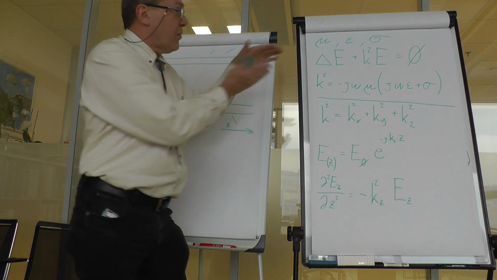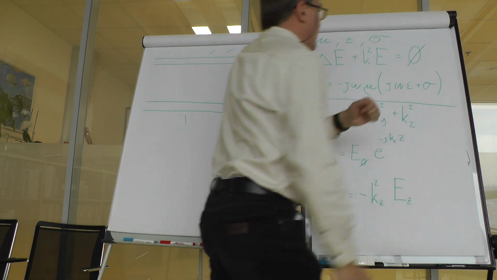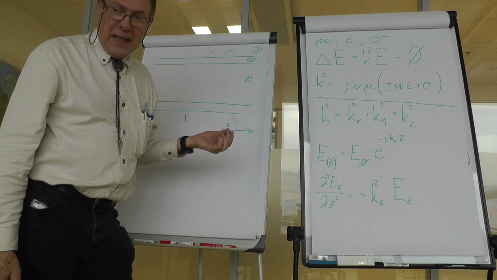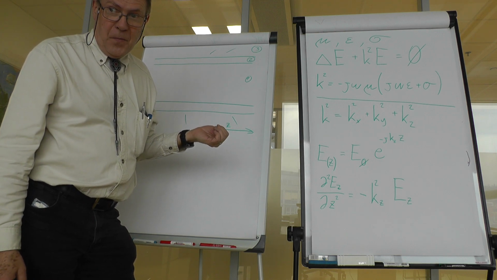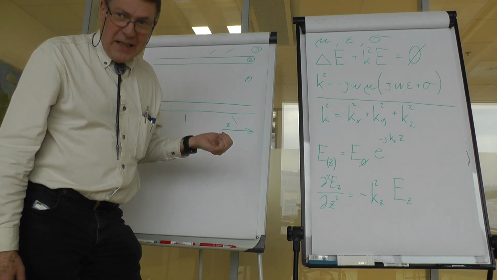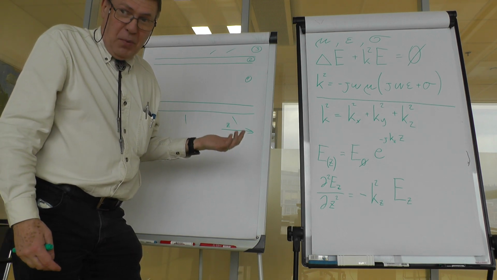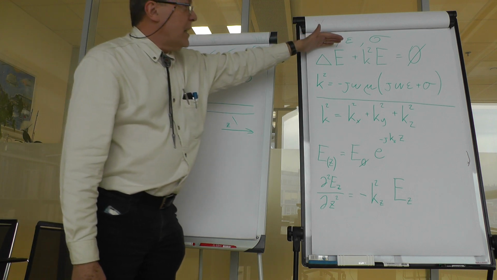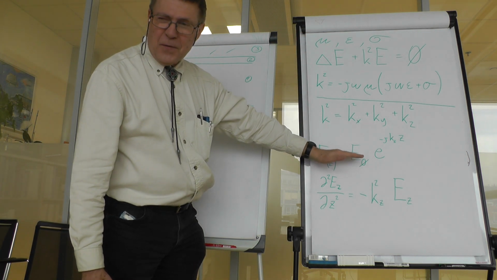So there are three equations hidden in this one, and that's not the full characterization of the electromagnetic field. There are also components of the magnetic field. There are three possible components in Cartesian coordinates. So in fact, in this manner we would have a set of 6 equations.